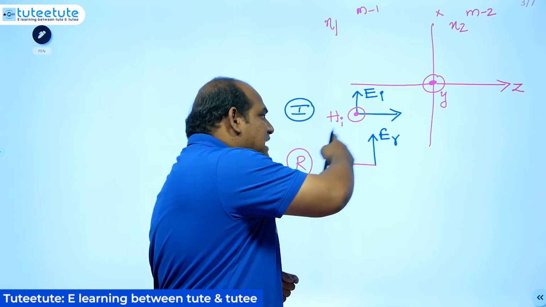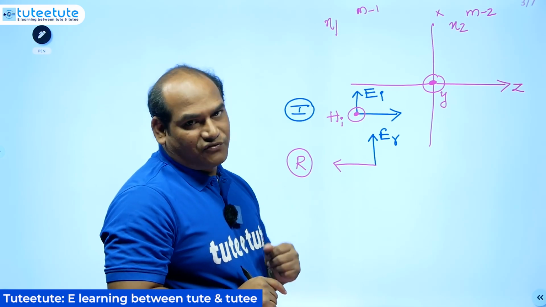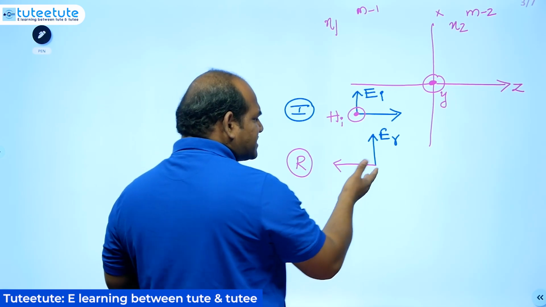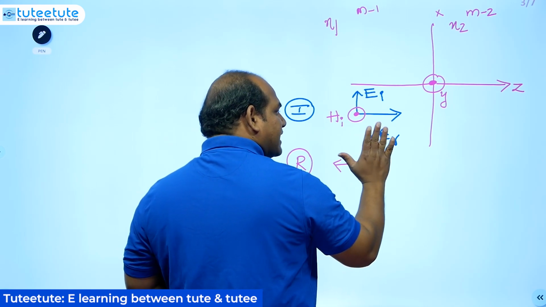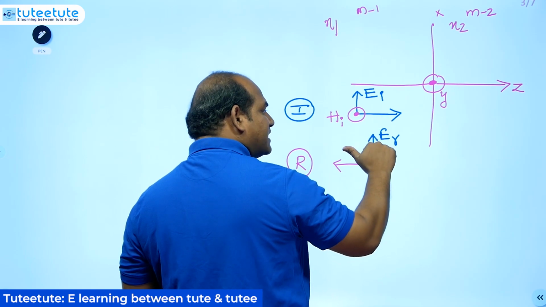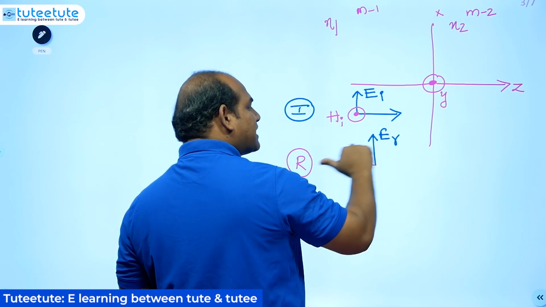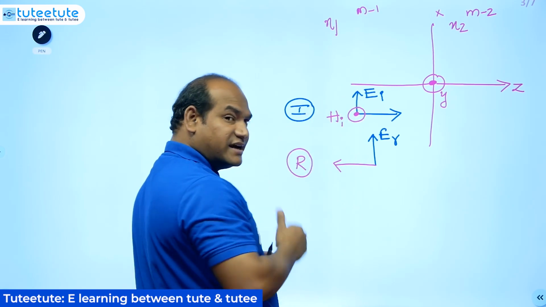And to satisfy the right-handed coordinate system, how do we now represent the magnetic field? So generally this is the direction of propagation. Here, in this way, if you rotate your fingers like this, this should be representing the E to H. Then the thumb is representing the direction of propagation. First you see again the incident wave.